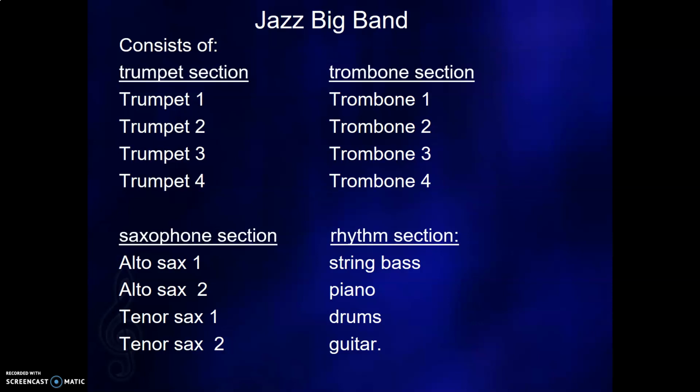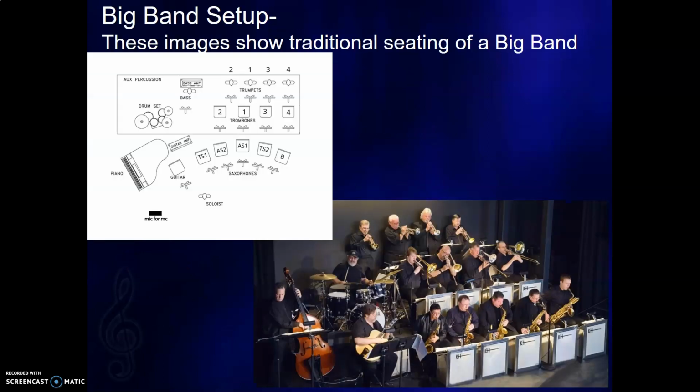There are some activities that you'll be working on with this information. The big band setup speaks to the tradition of the numbering of the instruments. If you look at the chart, it shows trumpet 1 is in the back row, second from the left end. The second trumpet is on the left end, the third trumpet is second in from the right, and the fourth trumpet is on the right.